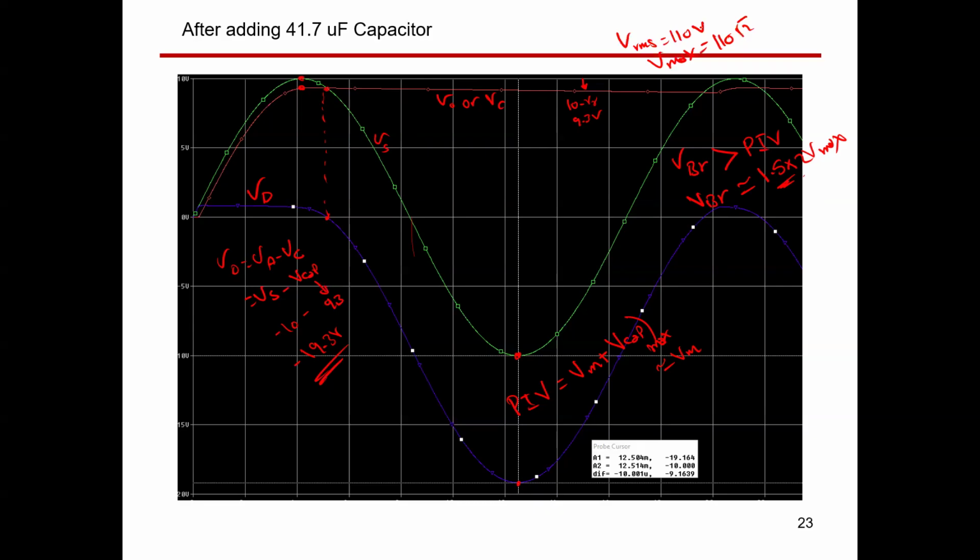Let me give you the exact value: 110 times root 2 equals almost 156 volt. So if you use a rectifier connected to the home supply, the capacitor volt is expected to reach 156 volt. So don't use a capacitor less than 200. You have to consider some safety.